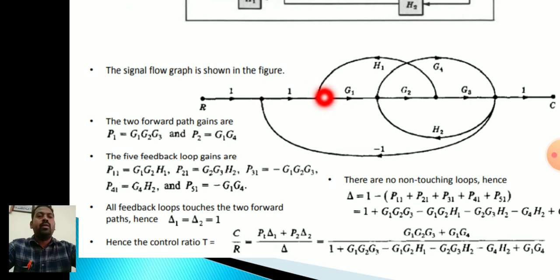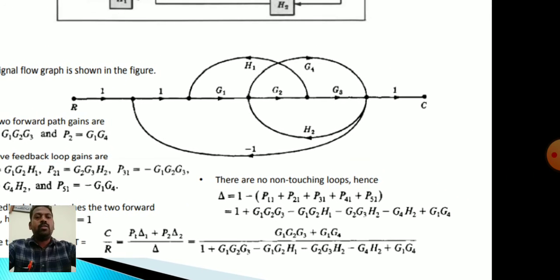This is 1. This is 2. This is 3. Once again from here to here that is 4, and once again from here to here is another loop below. I will show it here.